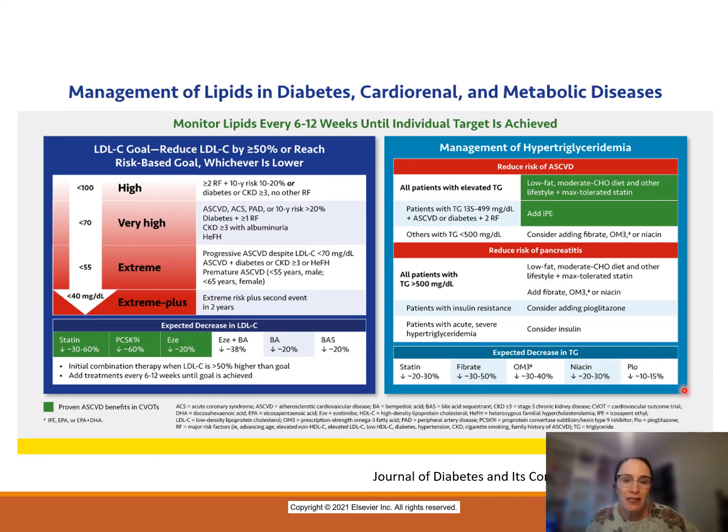And then pioglitazone works on triglycerides and on insulin resistance, and it can be a good drug to add. Now, if you've got somebody with acute severe hypertriglyceridemia, you can also add insulin. Insulin can be used in certain cases as a triglyceride medication, and I've seen that happen.